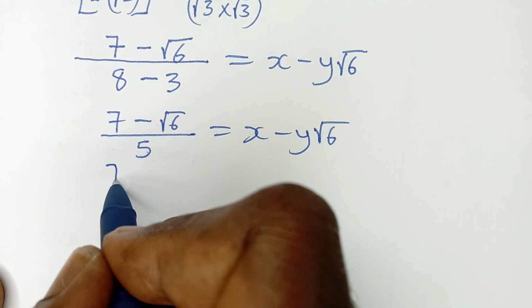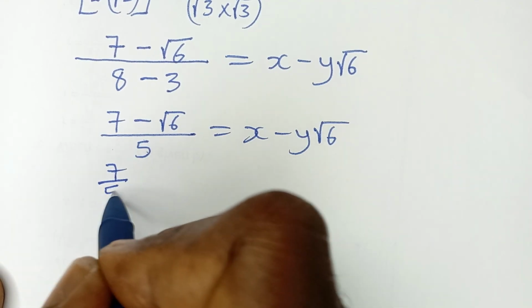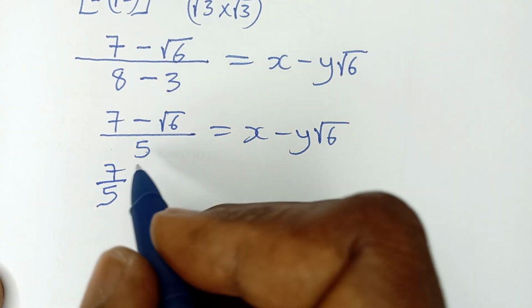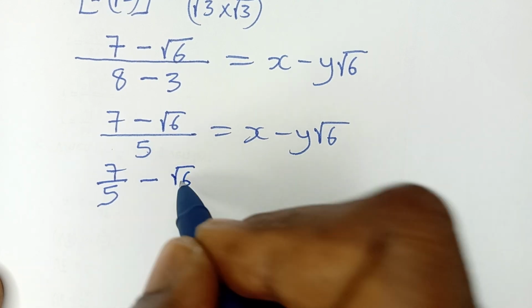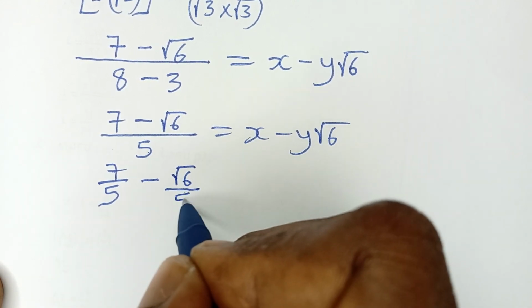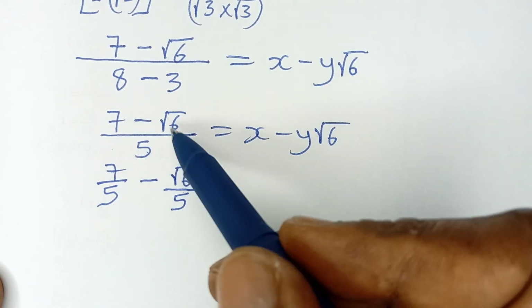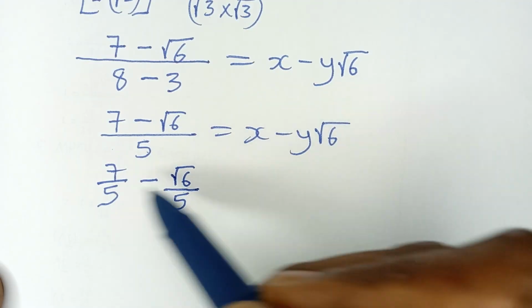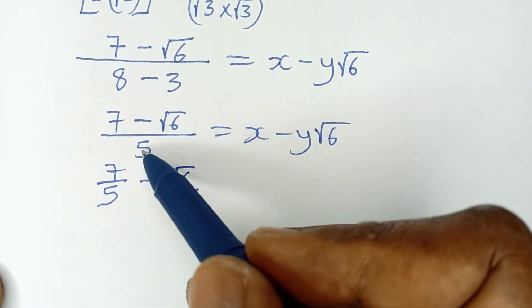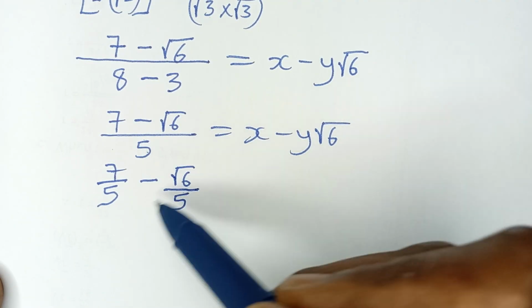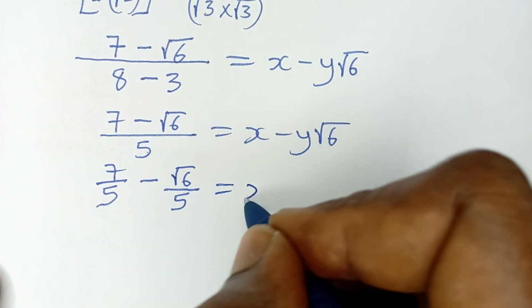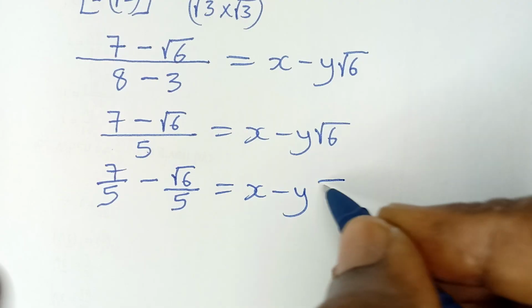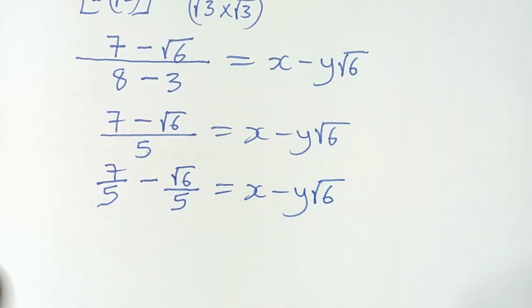So I have 7 over 5, and then minus root 6 over 5. So this is like splitting the fraction into 2 fractions now. Use this, put it under here, this one, put it under here, and you separate the fraction. And that is equal to x minus y root 6.